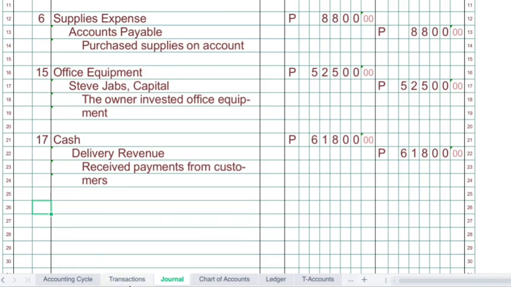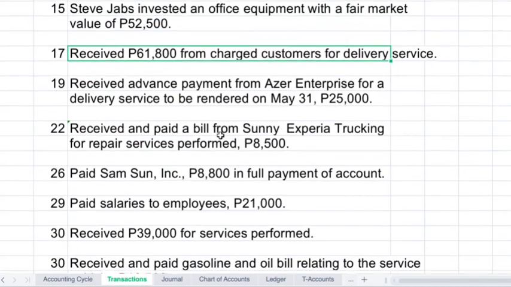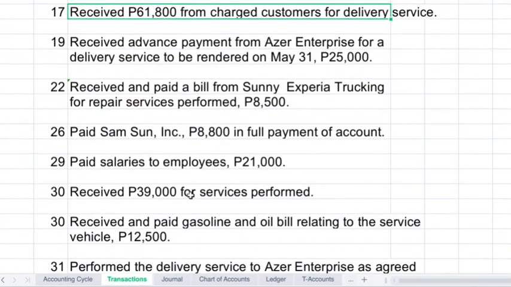Okay. Next, we have May 19. So, on May 19, the business received advance payment from Azer Enterprise for delivery service to be rendered on May 31, which is worth 25,000. So, naka-receive tayo ng advance payment. Ano bang tawag dun sa account na yon? Advance payment ng customer. Okay, yes.